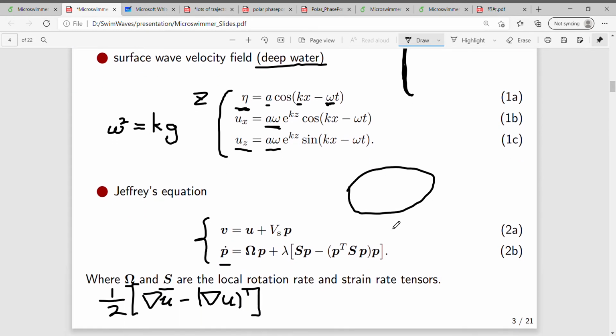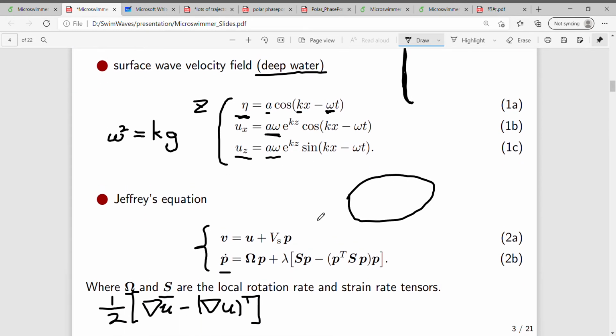And this is the Jeffery equations, which describe how these spheroidal microswimmers are affected in a viscous fluid.